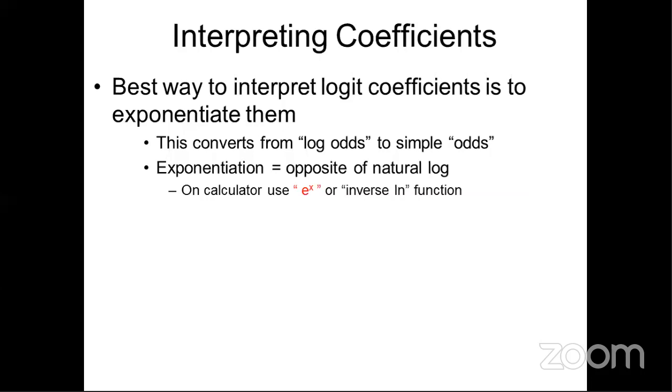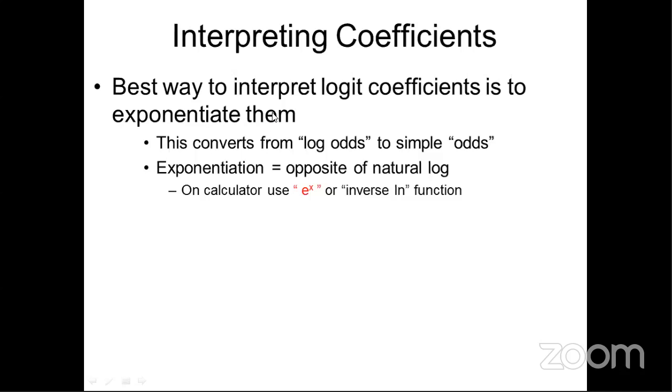And of course, as we have already noted, in selecting the coefficients for interpretation, whether we should choose log odds or the odds, the odds are better compared to log odds. That's why the best way to interpret the logistic coefficient is to exponentiate them.